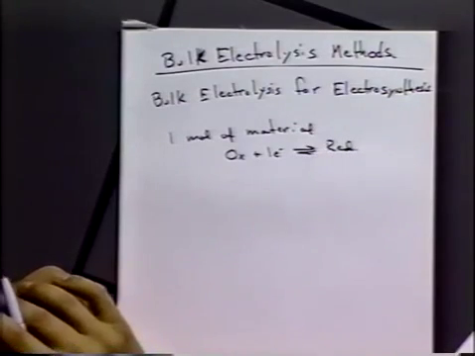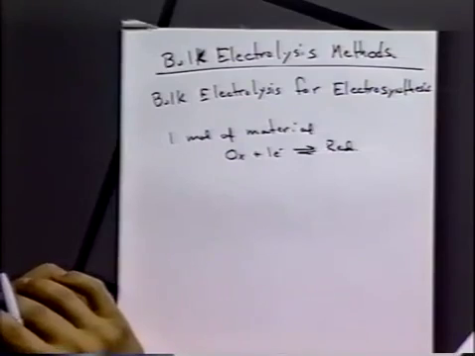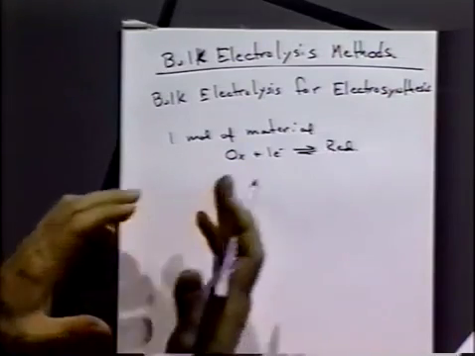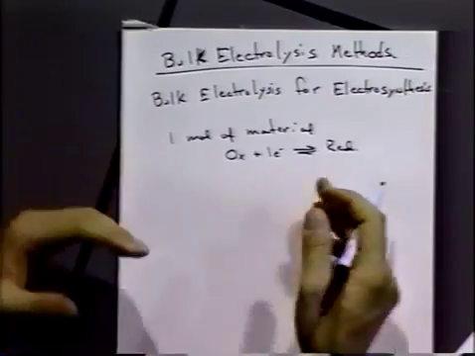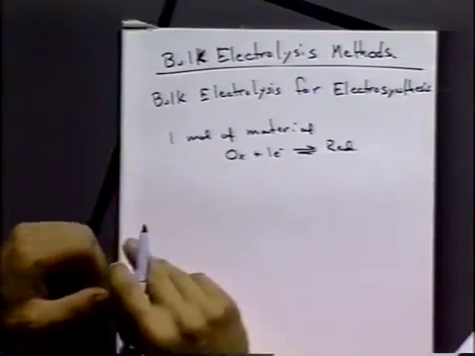If we do that with 1 mole of material, we want to do it as rapidly as possible. We don't want to spend a year doing this electrosynthesis. We want to do it in a few minutes, perhaps, or less. Let's consider how feasible such a process might be.